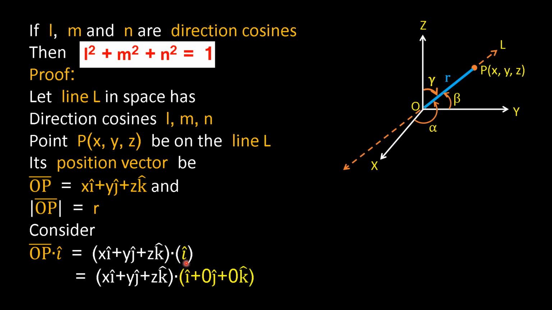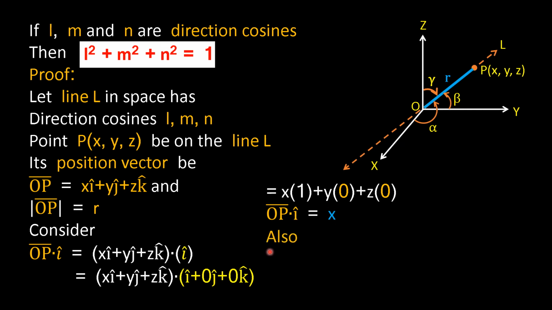We write i cap as i cap plus 0 j cap plus 0 k cap, which will be x multiplied by 1, y multiplied by 0 and z multiplied by 0. So that gives us OP bar dot i cap equals x.